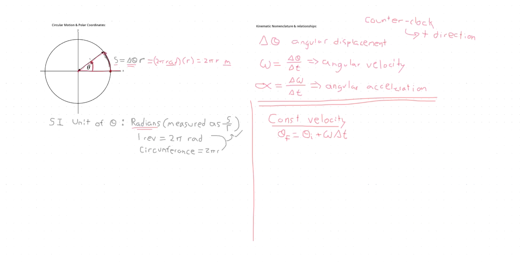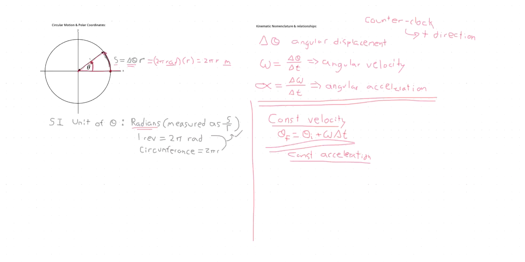You also had some relationships for constant acceleration. And in this case, if we want constant angular acceleration, then we just have to apply those same rules to the angular values that take their place. You had three rules.